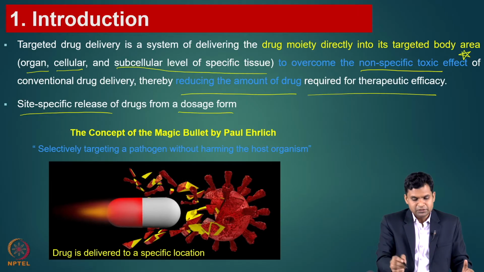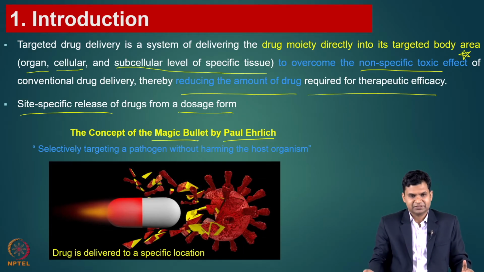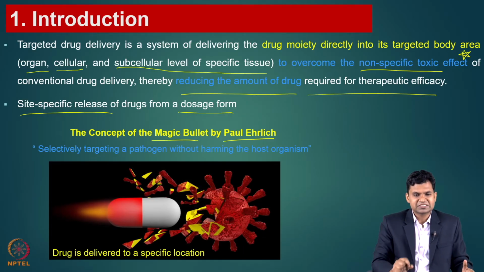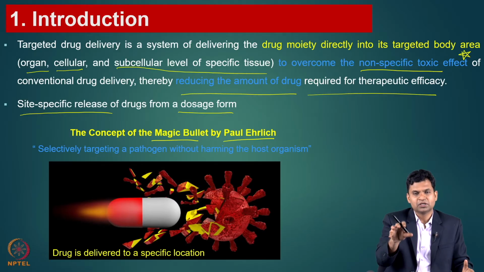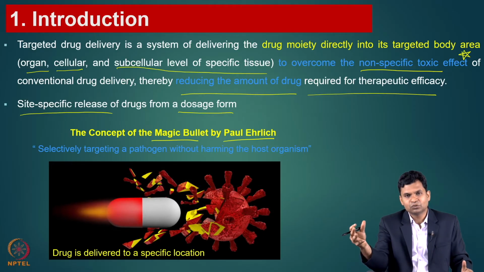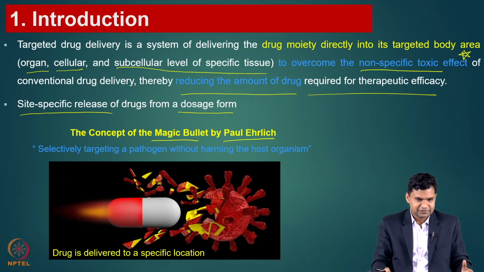Now, Paul Ehrlich proposed the concept of the magic bullet. In the picture you can see the nanomedicines or targeted medicines will work as a magic bullet. They will go and bind to the target zone or specific zones. They will not bind to non-specific sites.